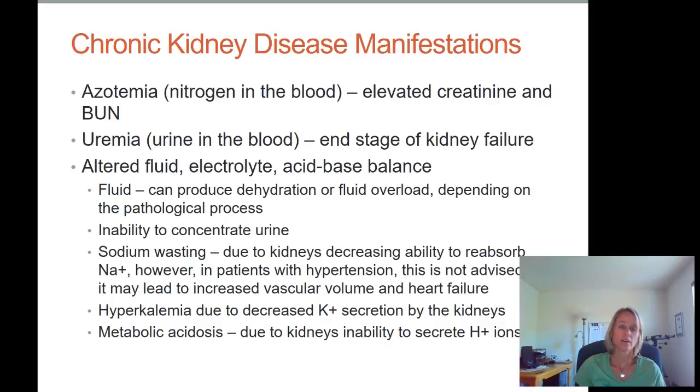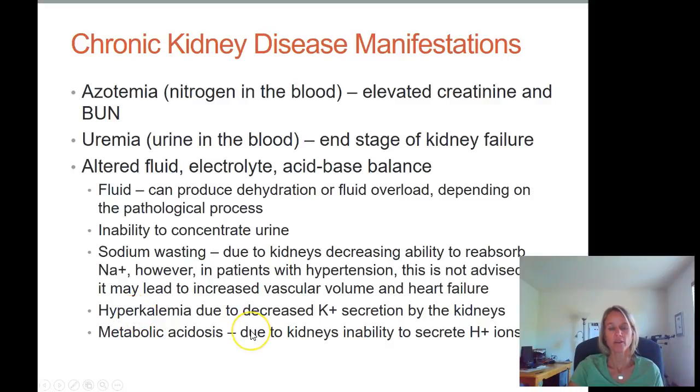An inability to concentrate the urine. Sodium wasting due to the kidney's decreased ability to reabsorb sodium. However, I'm going to point out in patients with hypertension, it's not advised to increase it because that can lead to increased vascular volume and heart failure.